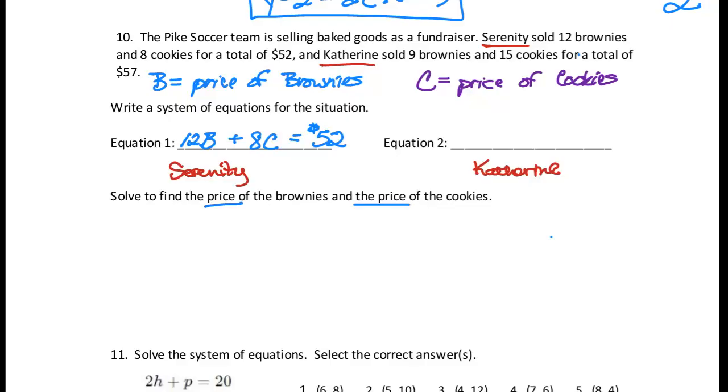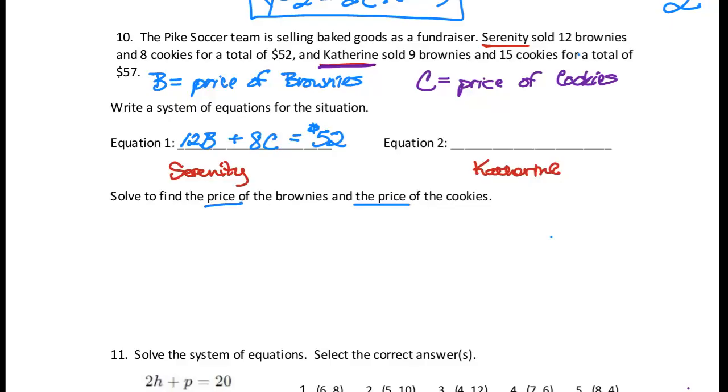Now let's take a look at Catherine. She is going to sell 9 brownies and 15 cookies for a total of $57. Who can give me her equation? Steven, how about you? What's the equation for Catherine? Look at it.